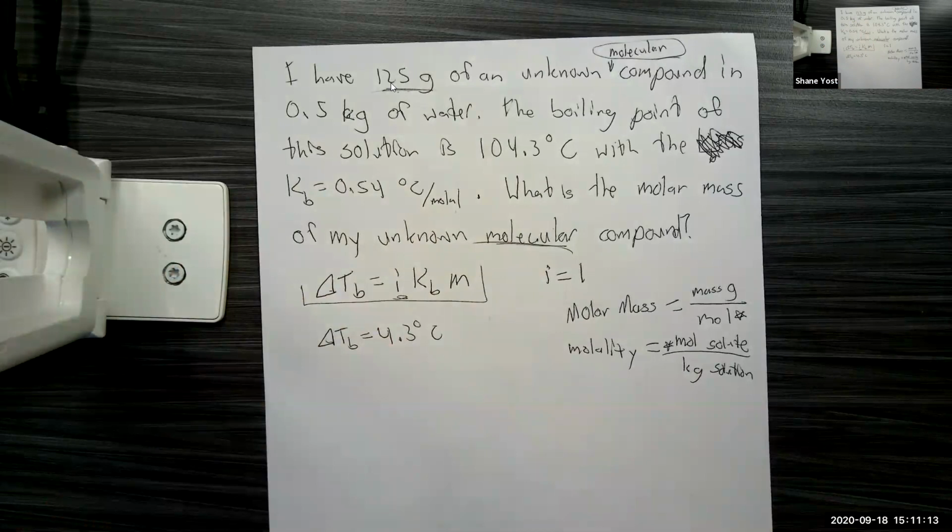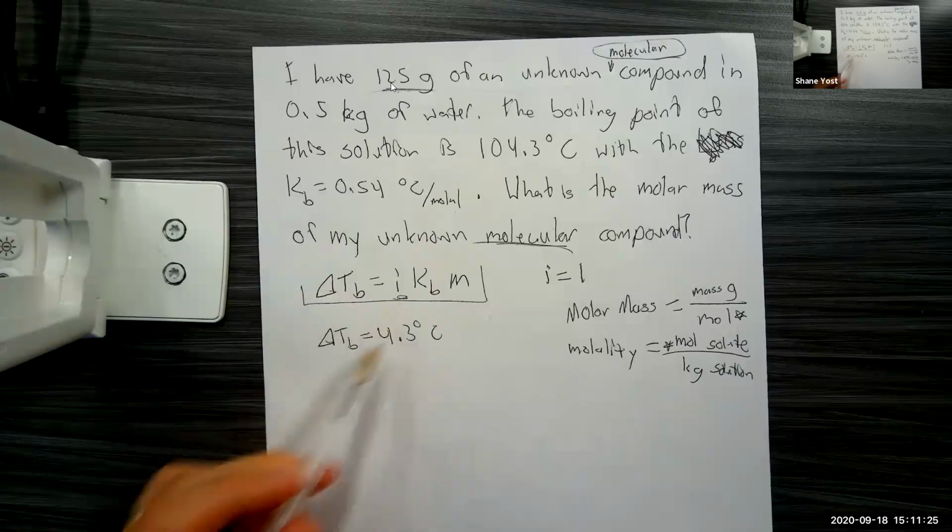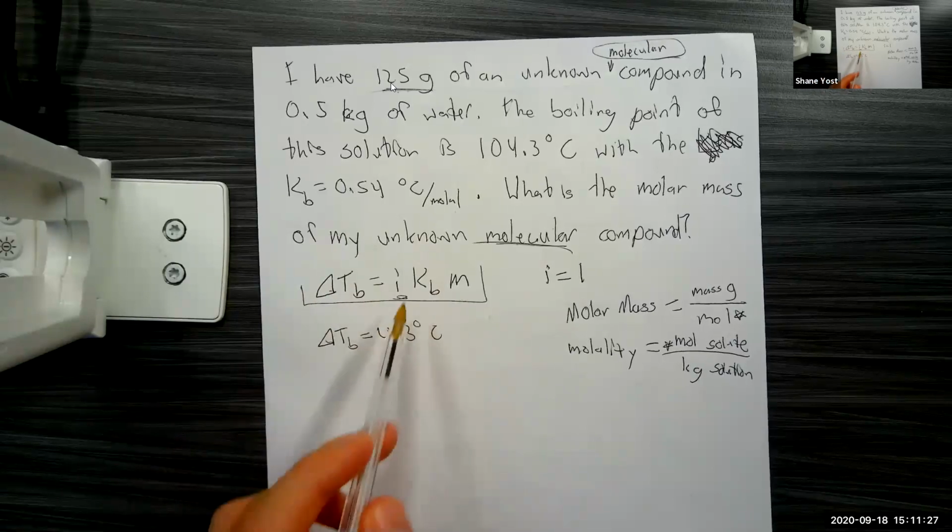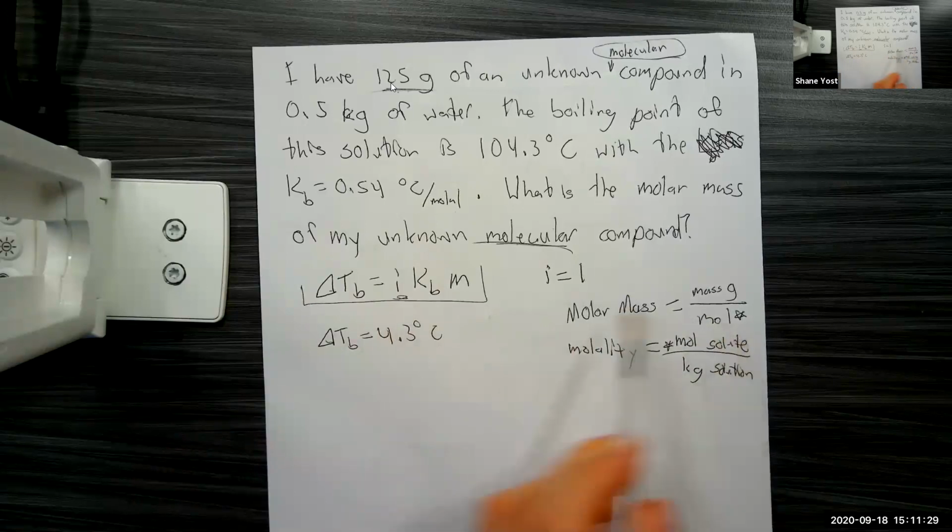And again, if you haven't done many of these examples and you're not familiar with what we need to do, I try to think about what things we know, what equations we know, and what the things are we're trying to get. Well, we're trying to get the molar mass.